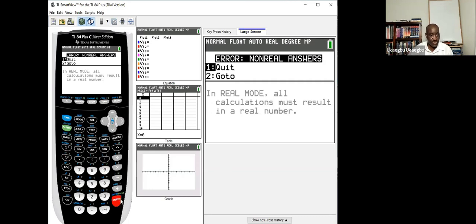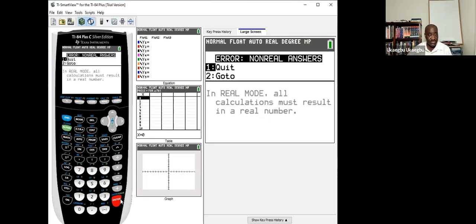You see? So what this is telling us is that if we try to do the square root of any negative number, it gives us an error. It means there is no solution, the problem cannot be solved. There is no real value for square root of negative 9.